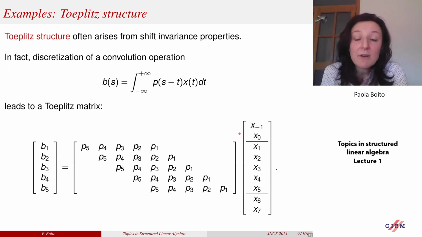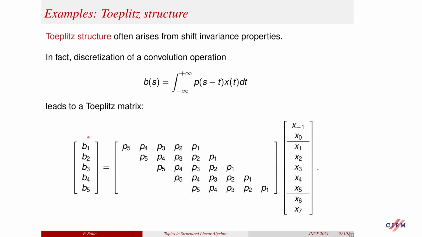And when we discretize this, what happens is that we have a vector x containing the discretization of our signal x of t. We have another vector b, which contains the discretization of the blurred signal, and the operator that acts on the original signal and gives us the blurred one is a Toeplitz matrix.